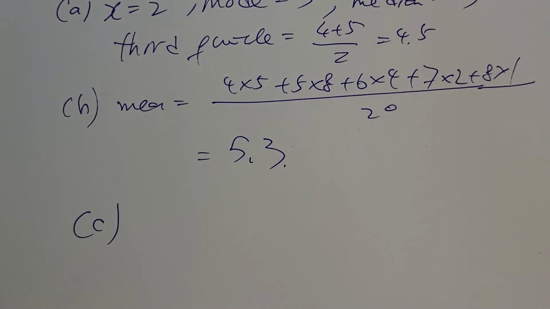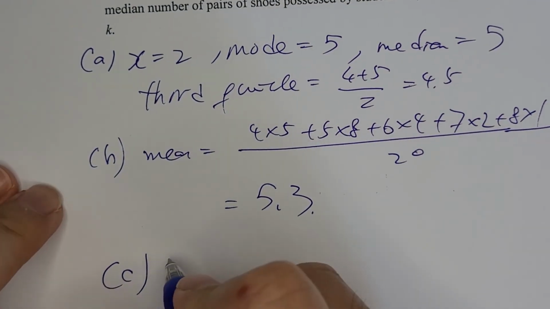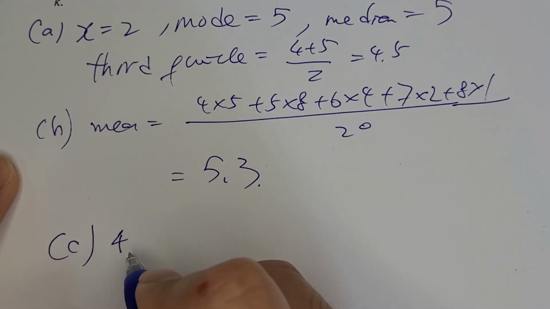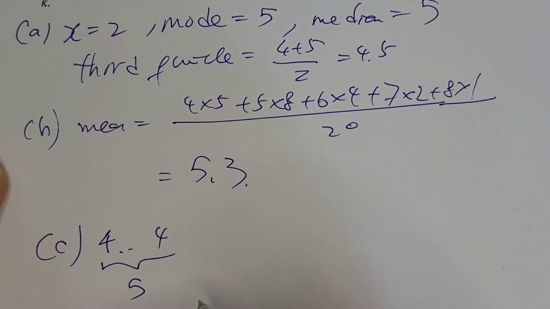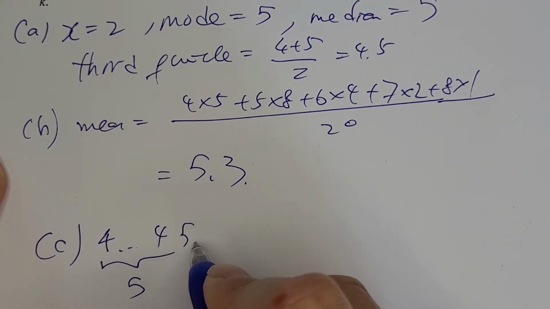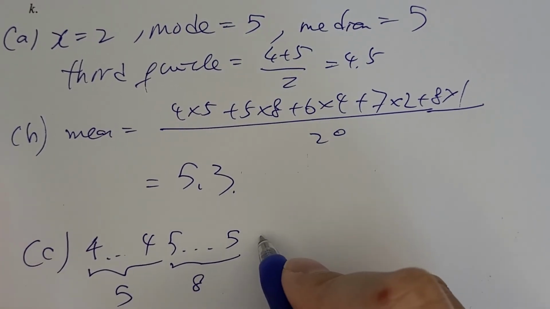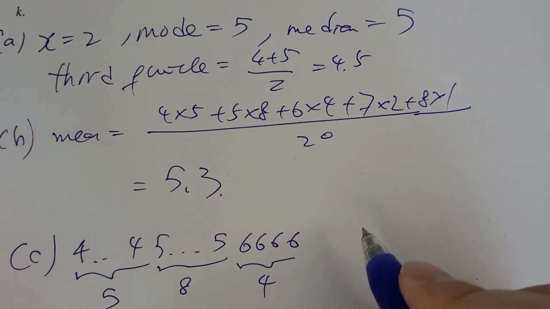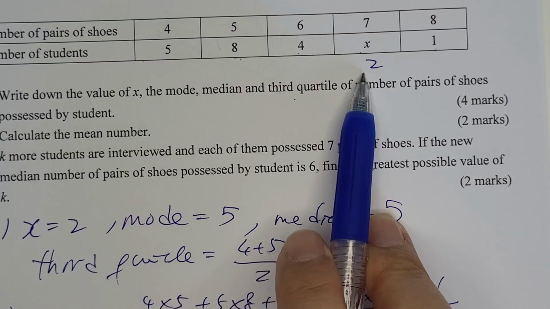As you can see that, suppose there are 5 of them, and then 8 of them have 5 shoes, and then 4 of them have 6 shoes, and then here originally 2 of them have 7 shoes.